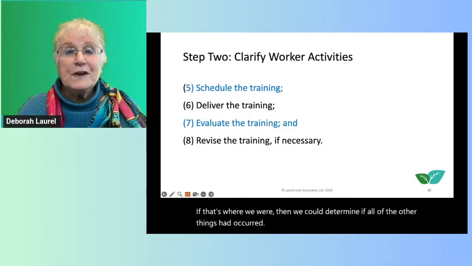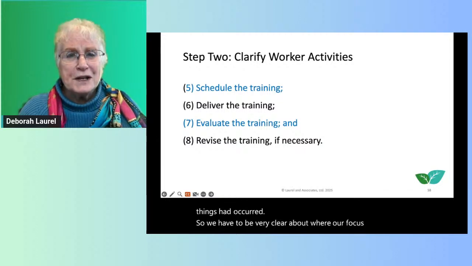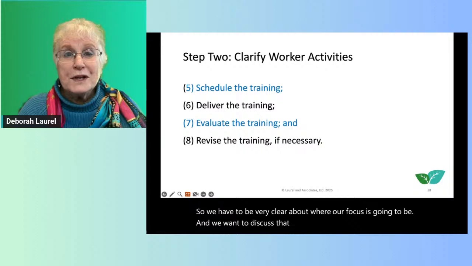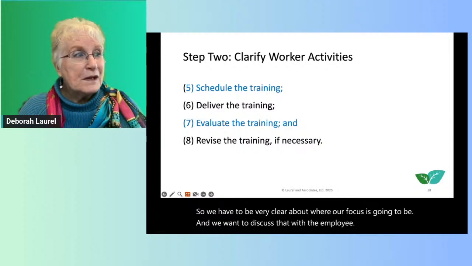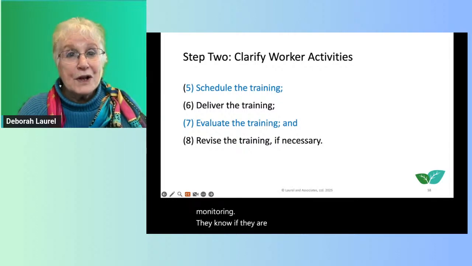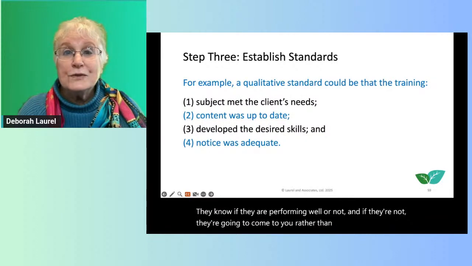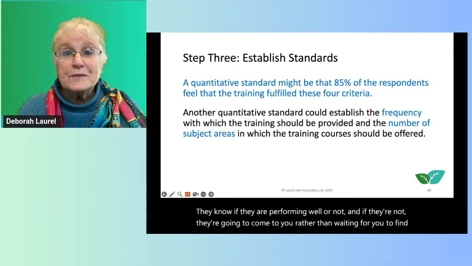So we have to be very clear about where our focus is going to be. And we want to discuss that with the employee, because then the employee knows if they're performing well or not. And if they're not, they're going to come to you rather than waiting for you to find the problem.